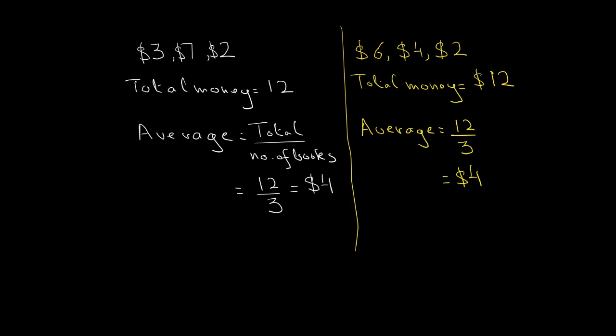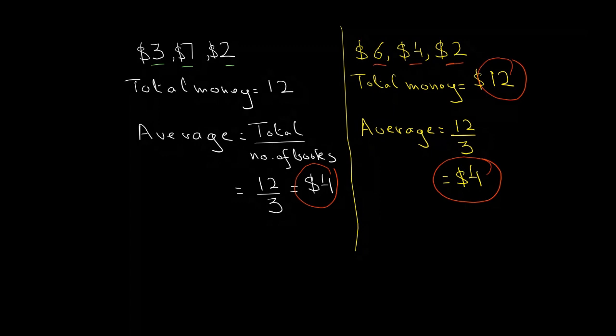So the individual amounts can be different, right? 3, 7, and 2 are not the same as 6, 4, and 2. But the average is still the same because the total was the same and the number of books, 3, was the same. Okay, so that's the concept of average.